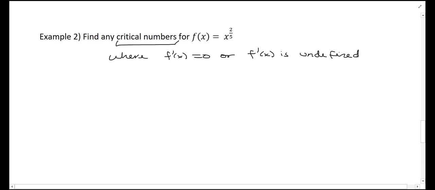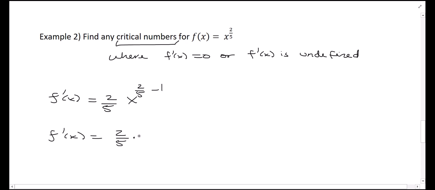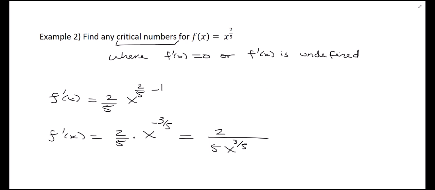So let's take the derivative. f prime, using the general power rule, will be 2/5 x to the 2/5 minus 1. So what does that give us? That will be x to the negative 3/5. We don't want to have negative exponents, so rewrite it. So this will be 2 over 5 x to the positive 3/5.